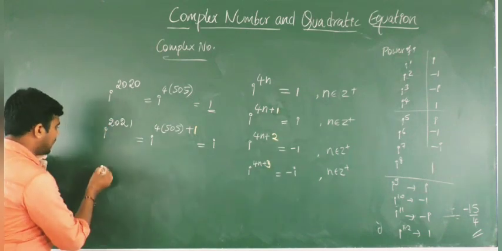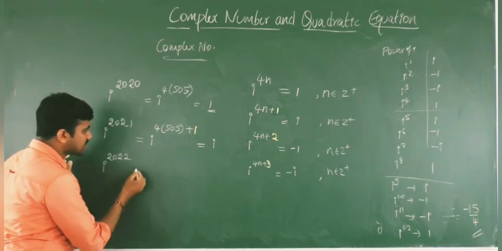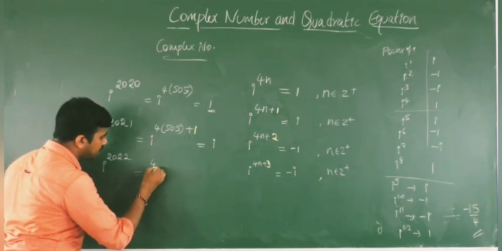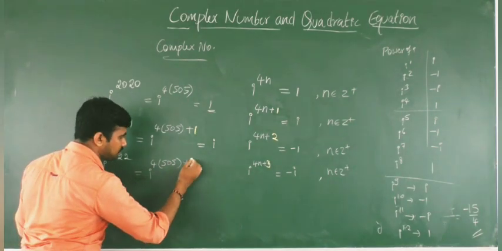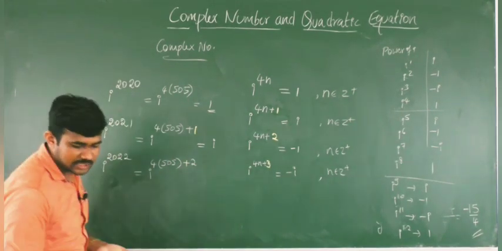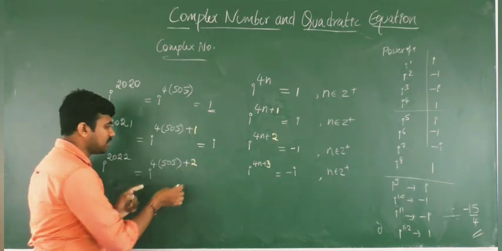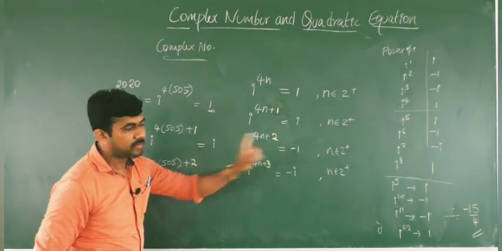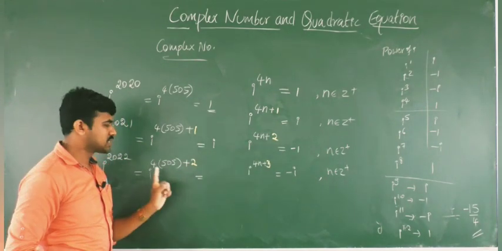Similarly, the next case, i to the power 2022. This is nothing but i to the power 4 into 505, that is 2020, plus 2. Here you have 2, therefore its value is minus 1, because it is in the form i to the power 4n plus 2.